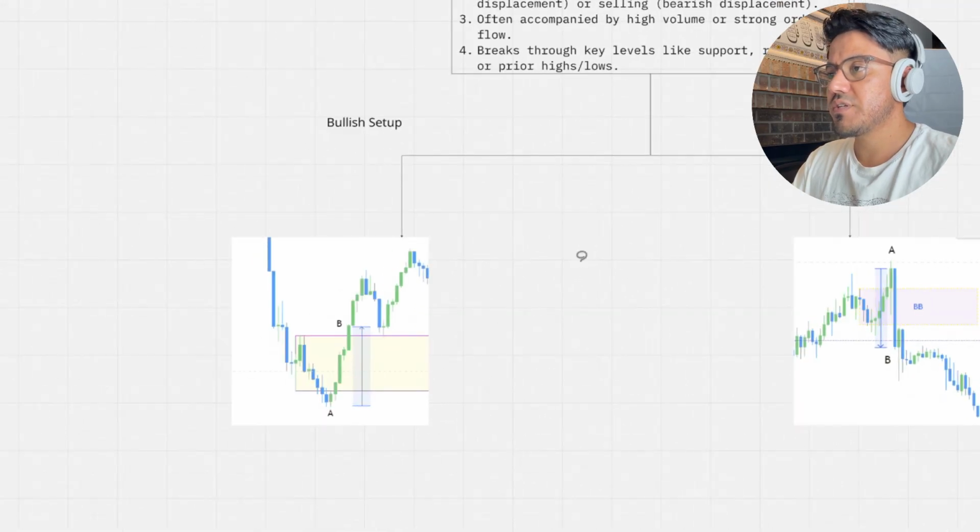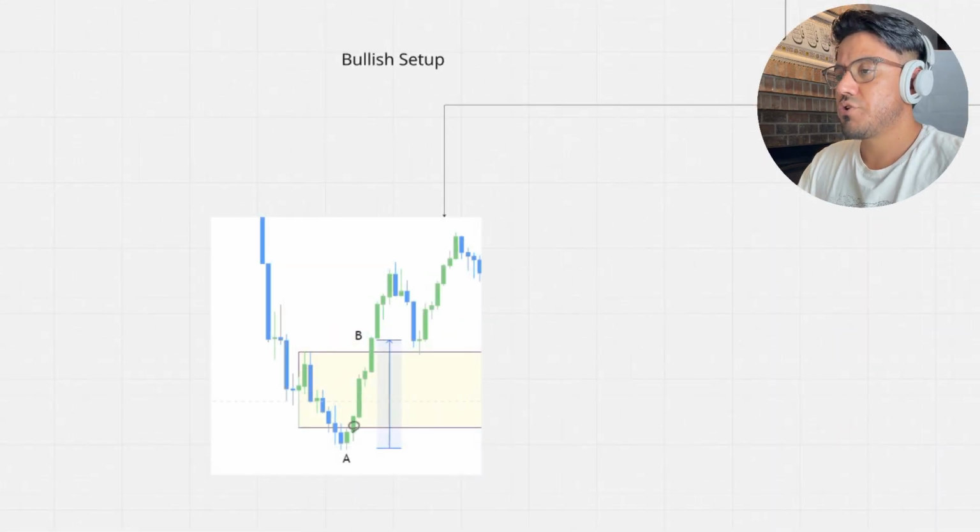Let's have a look at the first example. Here we have a new swing low and the price is reversing, and there is a displacement through this key level, which is resistance. It is breaking this resistance through these large bodies.